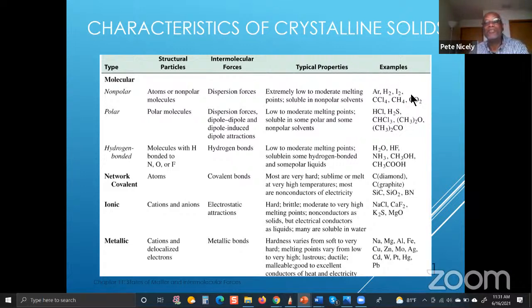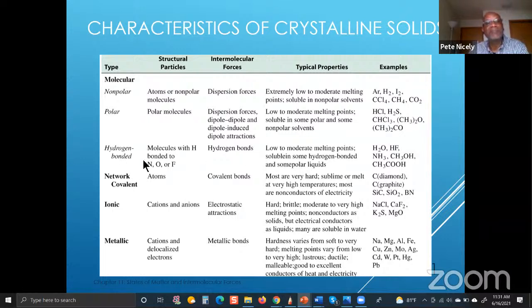And these are some examples of different substances that display this type of force. Then when it comes to polar molecules, these are the forces that exist. You have dispersion forces. You also have dipole-dipole and dipole-induced dipole attractions. These tend to have low to moderate melting points, soluble in some polar and some non-polar solvents, and these are examples of compounds displaying that type of bonding.